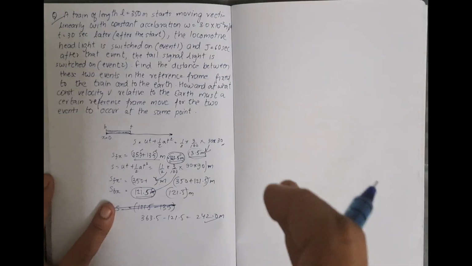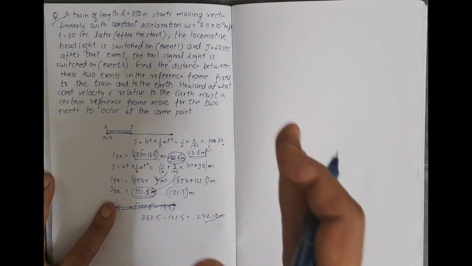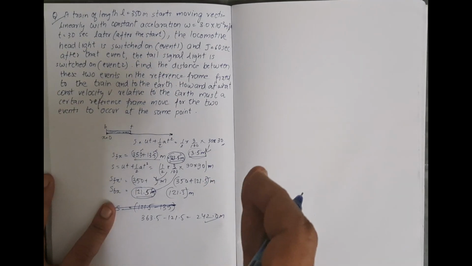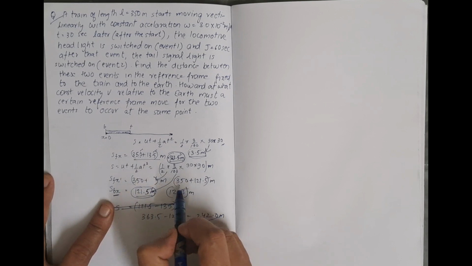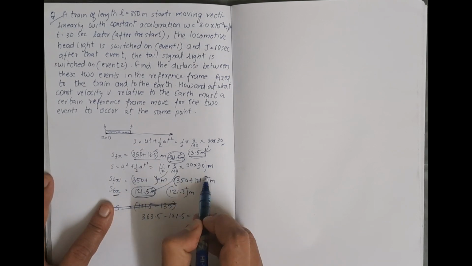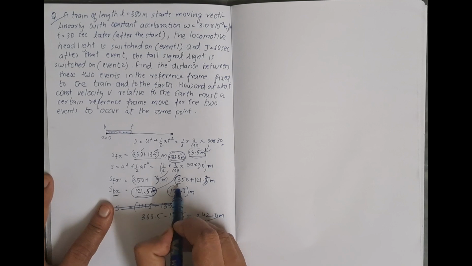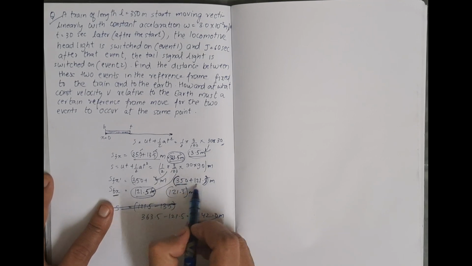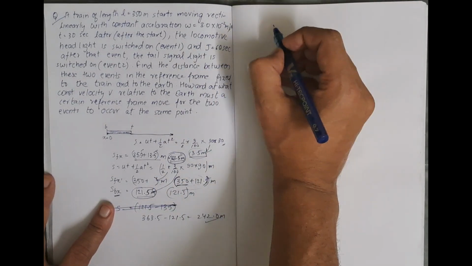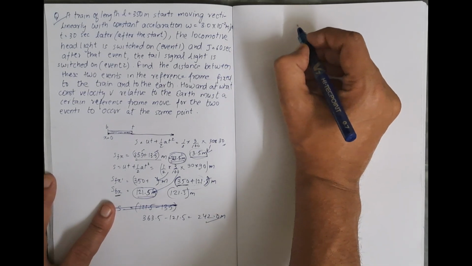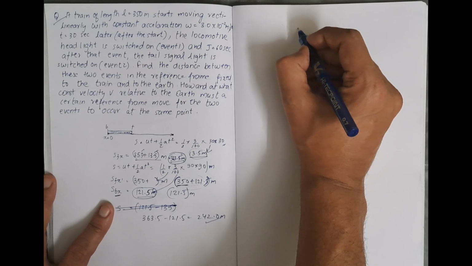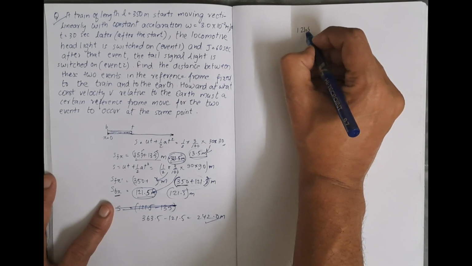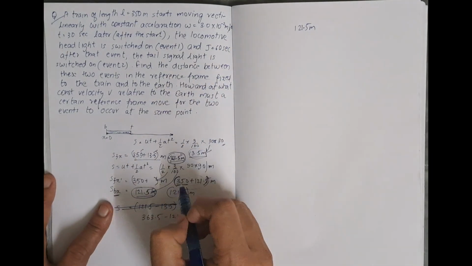Now you are interested in the back coordinate of the train because that is where the tail light is getting switched on. So the x coordinate of the back end of the train will be equal to this minus the length of the train. This is the x coordinate of the front end of the train. Distance traveled by the front end of the train is equal to 121.5. We calculated it.